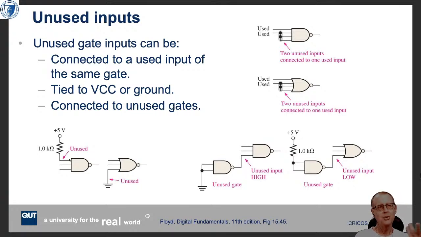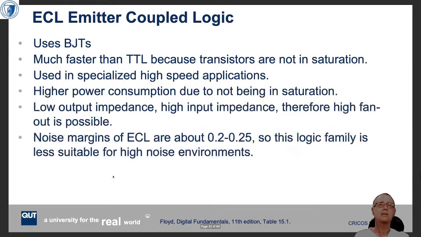Well, the usual thing is you either tie the unused input up to plus 5 volts through a resistor, a pull-up resistor, or you tie it low. And I would tend to use a pull-down resistor as well, rather than tying it straight to ground.